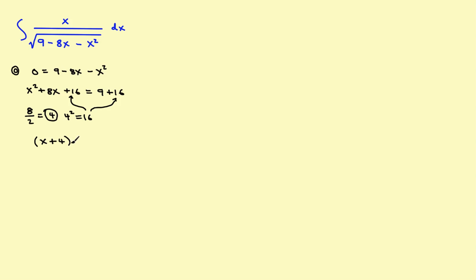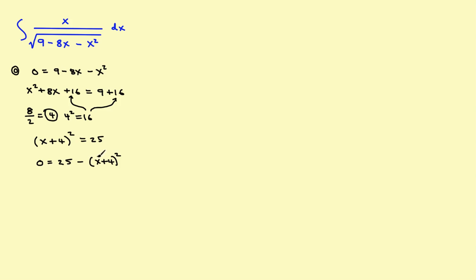So x plus 4 squared is equal to, and then add these two together, and you get a 25. Now we want to change it back where you just have a 0 on this side. So take this and move it over to this side, and you'd have 0 is equal to 25 minus x plus 4 squared. And now you've got it in something squared minus something squared form.